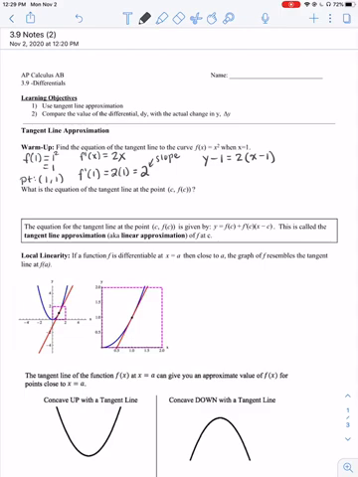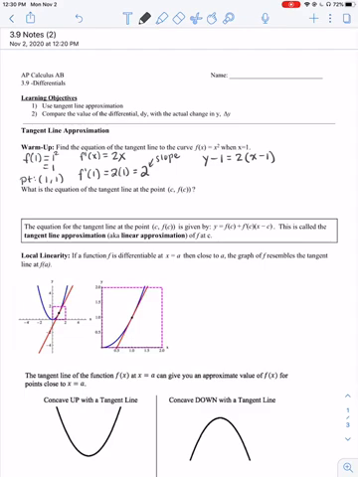So this next piece is kind of trying to generalize this idea. So what is the equation of the tangent line at the point c, f of c? And this is for any given function f. So we have the point, right? We have the c, f of c point. What we're missing is the slope.